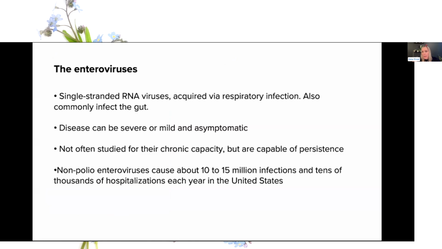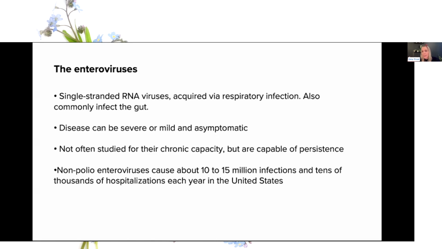One of the things that is important to understand is that there are a decent number of parallels between the enteroviruses, this family of viruses, and SARS-CoV-2. The enteroviruses are single-stranded RNA viruses acquired via respiratory infection that often get into the gut. And if you think about SARS-CoV-2, it's a respiratory virus that's a single-stranded RNA virus that also often gets into the gut.